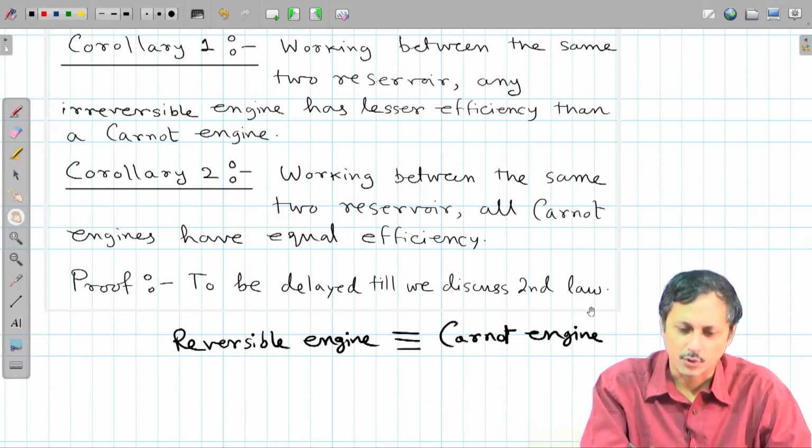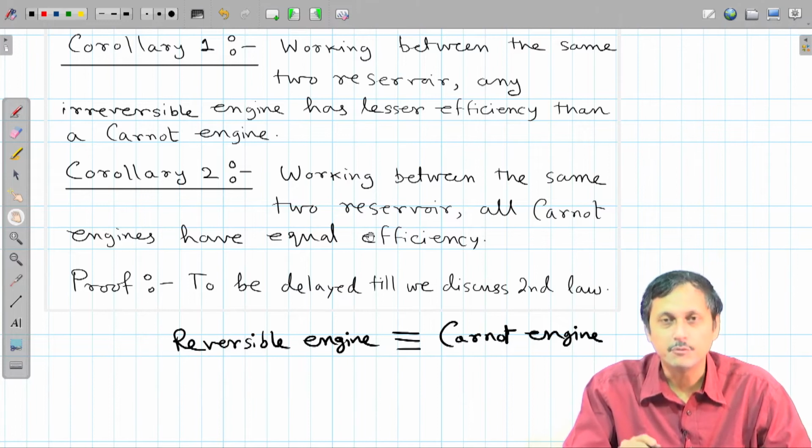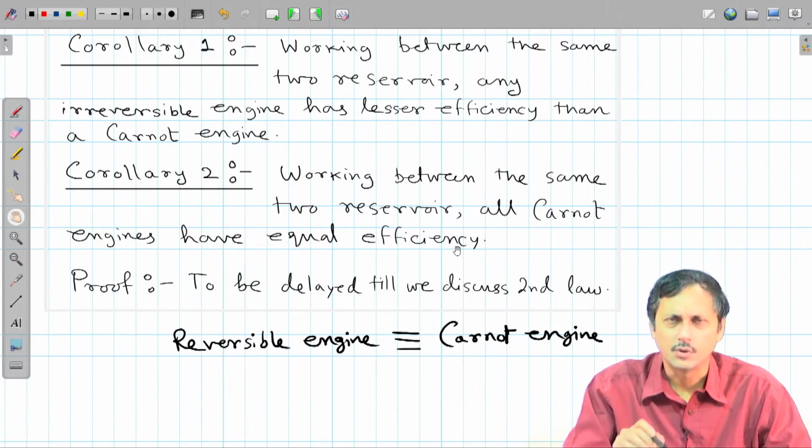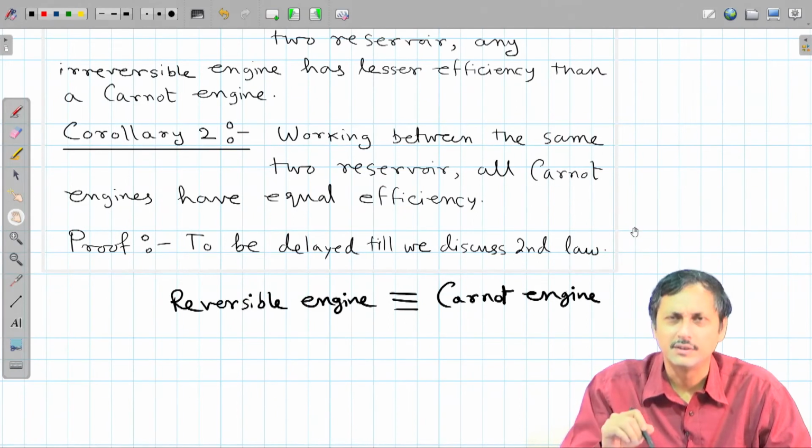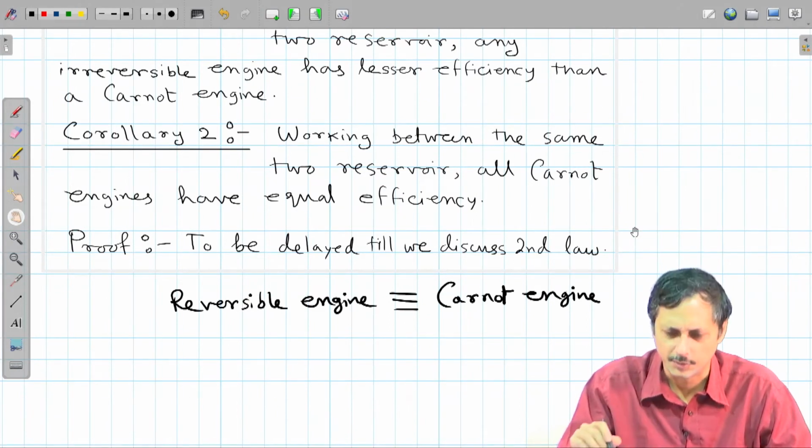Now, there is a second corollary: working between the same two reservoirs, all Carnot engines should have equal efficiency. Okay. So, we will prove it, but till then we have to discuss the second law of thermodynamics. Okay.